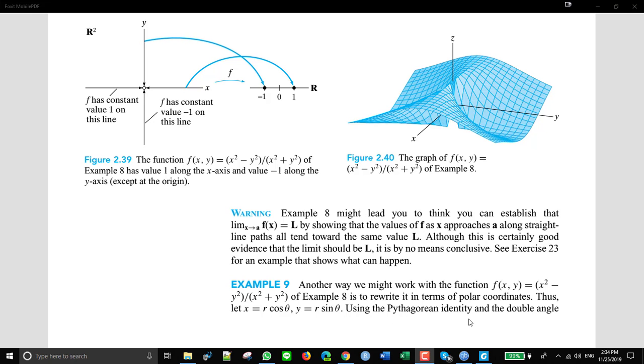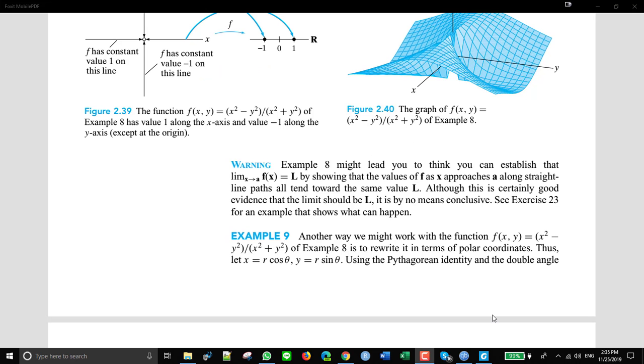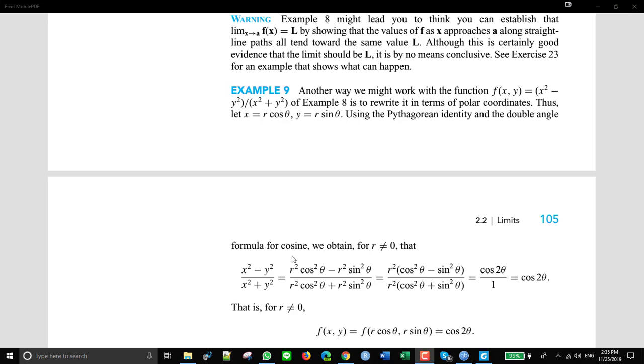So using the Pythagorean identity and the double angle formula for cosine, we obtain this. We start out with this, then we write this and this because x is this and y is that, so we get all of this. I guess we factor out r squared.